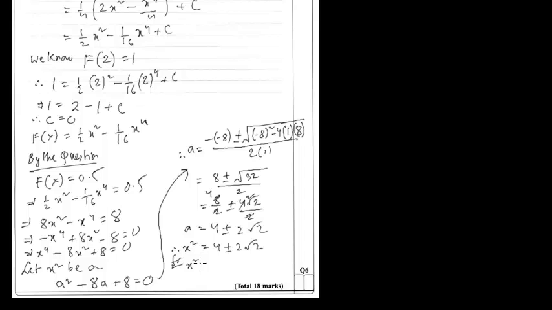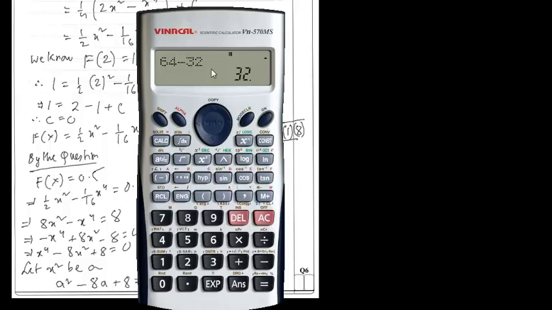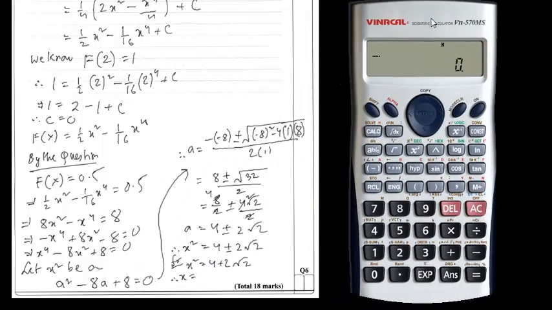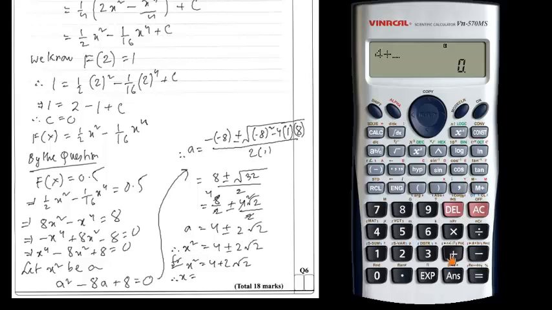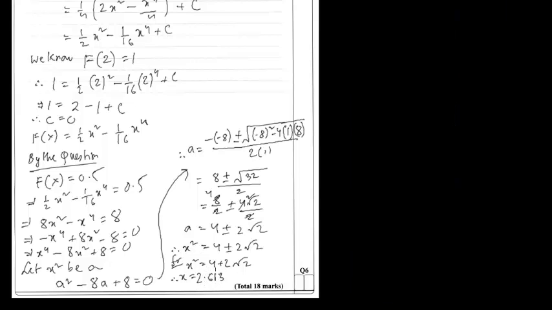So for x squared equals 4 plus 2 root 2, we are going to get x equals, I'm going to take the positive value because the limit is 0 to 2. 4 plus 2 root 2 is 6 point something. Square root of that is 2.613. So this is obviously not going to work, even the positive value, because we need 0 to 2. So I'm going to take the other one.